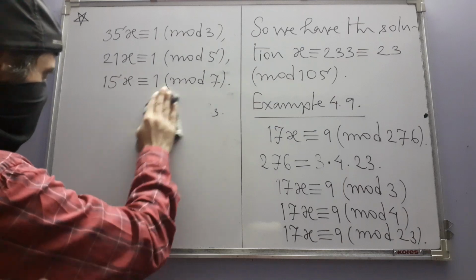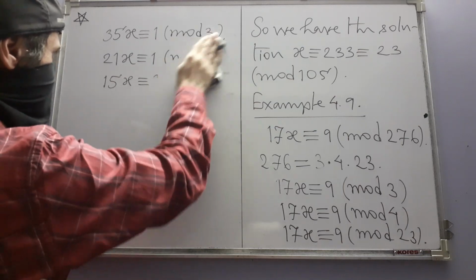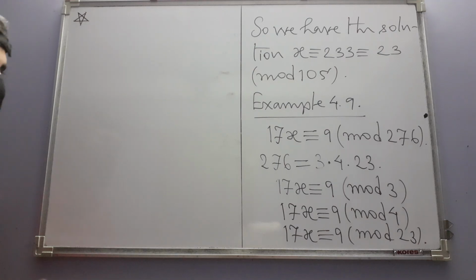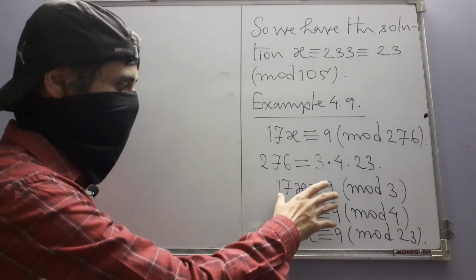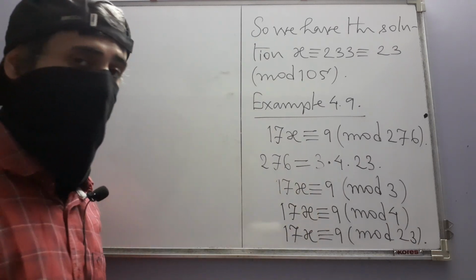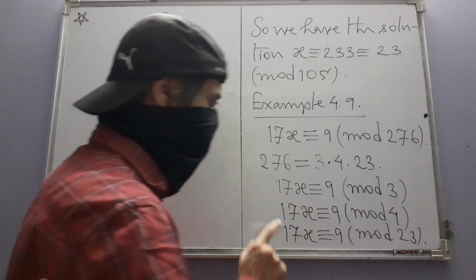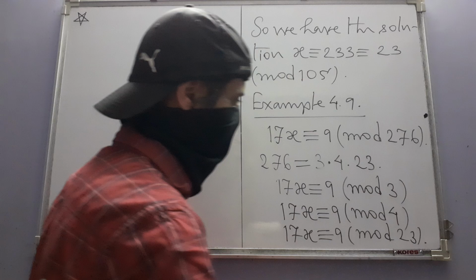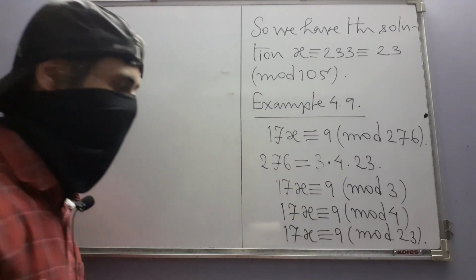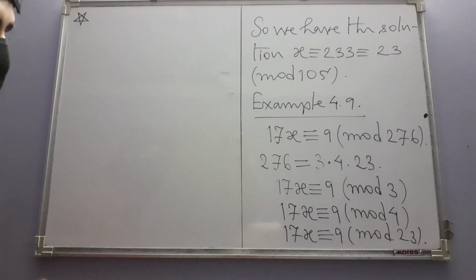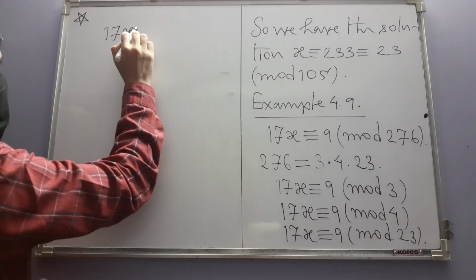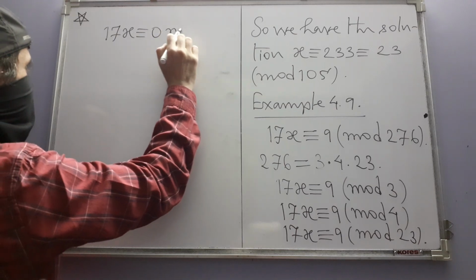Now here the way this system has been solved is slightly different. Different means we are first of all going to see something which will immediately simplify the matter. You can see that 9 is already divisible by 3, and that's why in place of 9 you can simply write 0. So the first congruence reduces to this.